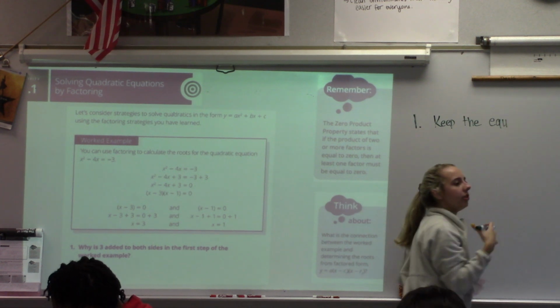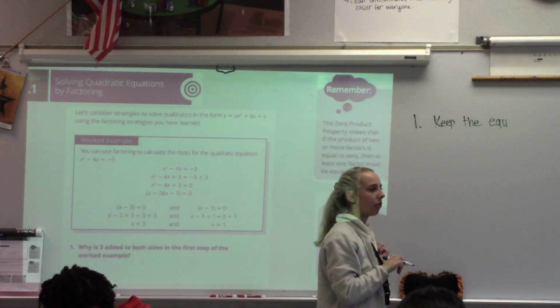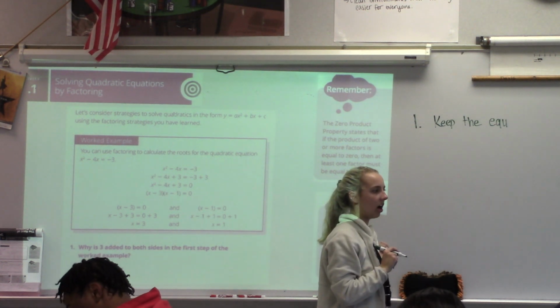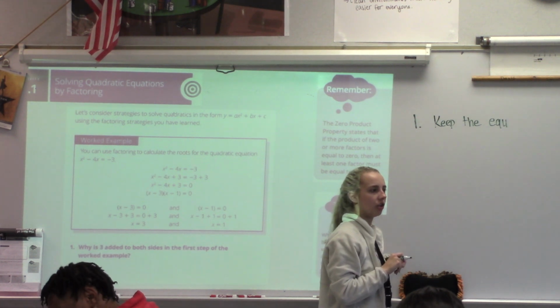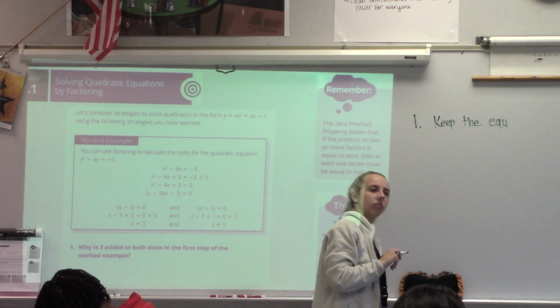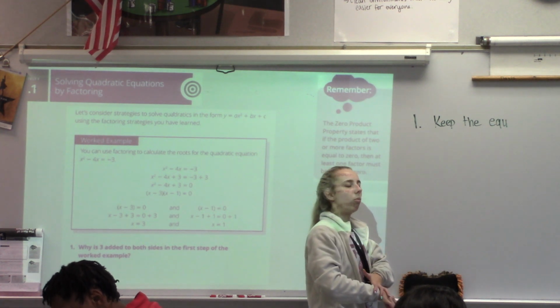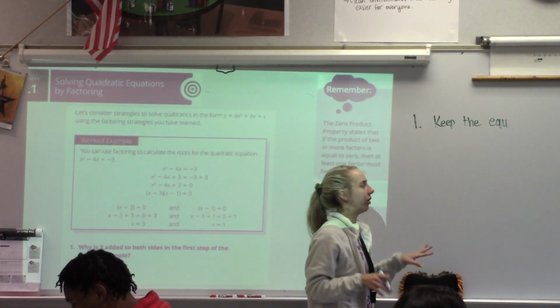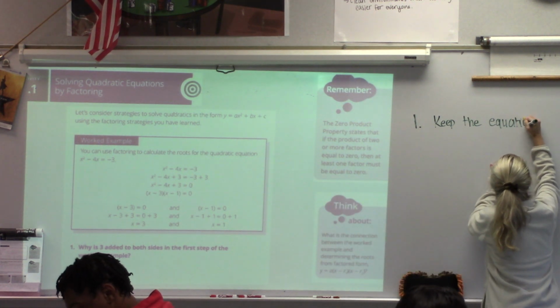Do you want to say keep the equation balanced? Well, it just says why do we add 3 to both sides. That'd be part of it. The bigger reason of adding 3 is so we can use the zero product property, and then we have to use the property of equality. Right, that's a good point. So we'll note that we're keeping the equation balanced.